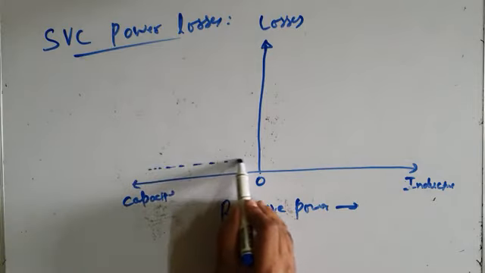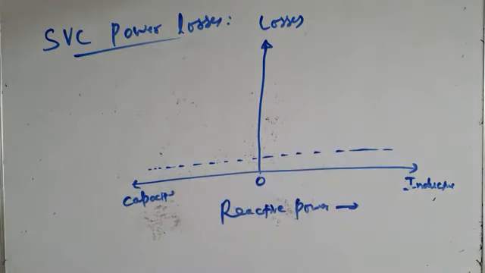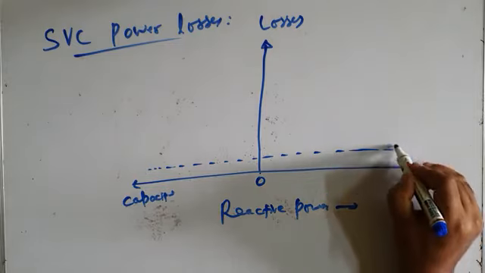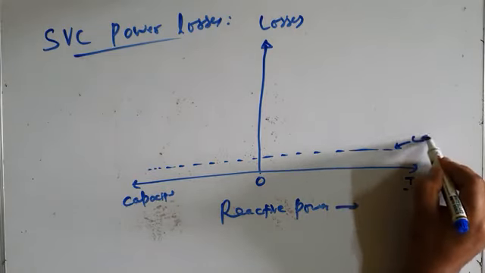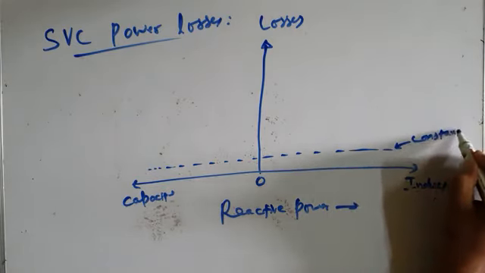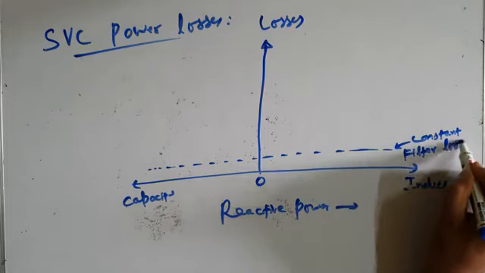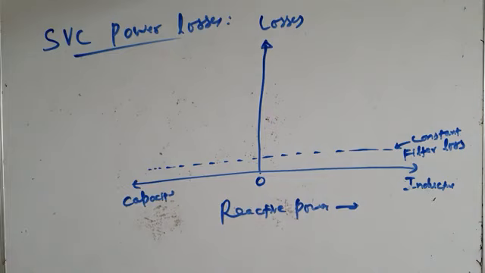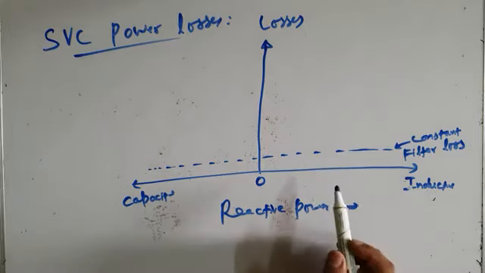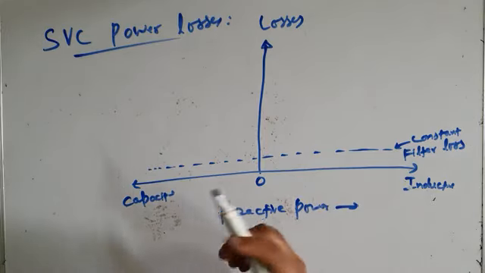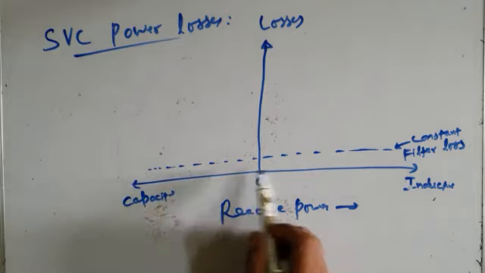As usual, you have a harmonic filter there, and the filter has constant losses. So these are constant filter losses. Whether the TSC branches are on or not, the TCR is on, and when the TCR is on, the filter is also on for eliminating or cancelling the harmonic currents.